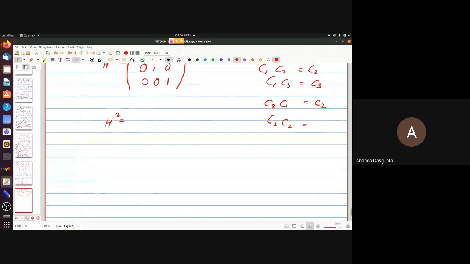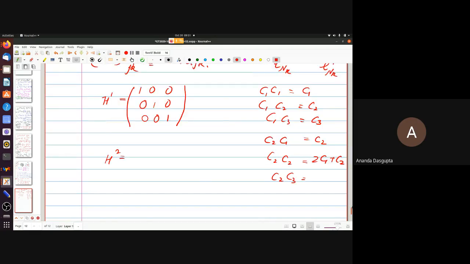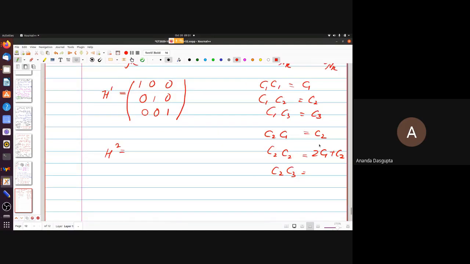So let's put that in. And C2C3 is simply 2C3. So what does this matrix look like? This matrix looks like 0, 1, 0, 2, 1, 0, 0, 0, 2. By the way, there is no transposition, which, hold on, sorry.